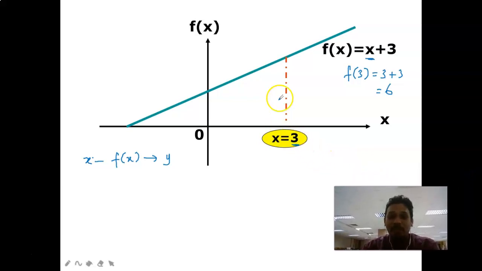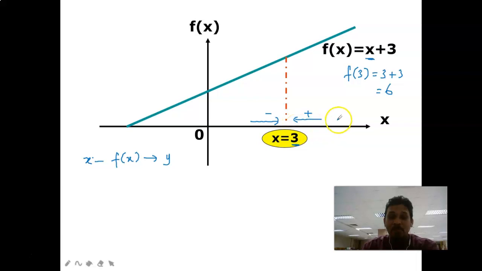Okay, but when we're talking about limit here, we're talking about the value of x approaching 3 from the left, and also x approaching 3 from the right. So for x approaching 3 from the right: 6, 5, 4, 3.5, 3.2, 3.1, 3.01, 3.001, 3.0001.